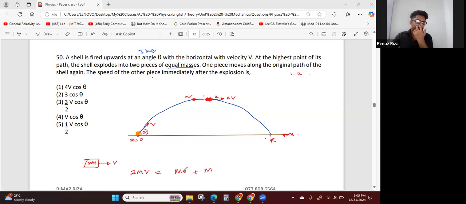what are the values that you can put for x and y so that this summation is equal to 2v? m is common, so we take m out, so here it will be 2v, then we have x plus y.